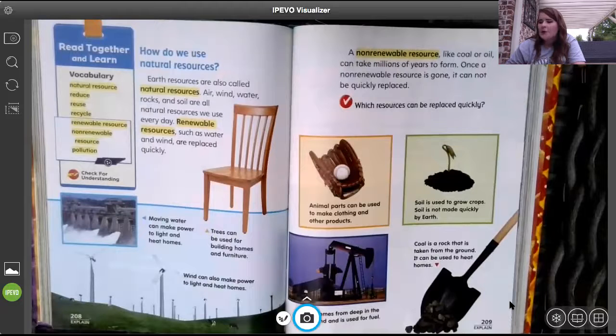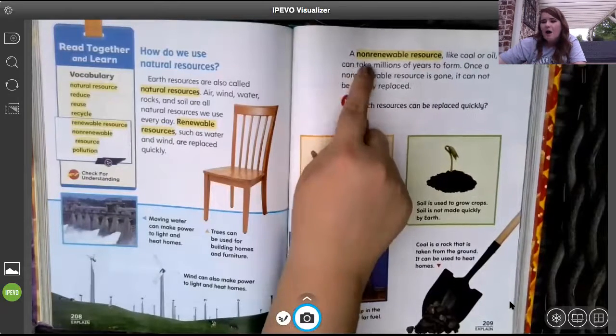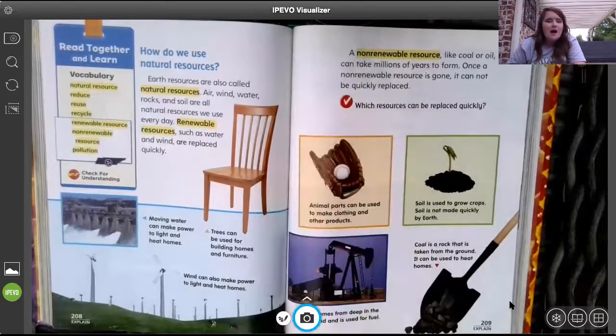Once a non-renewable resource is gone, it cannot be quickly replaced. When we look at renewable resources like water, we can get that back really quick. Maybe not super quick, but a lot quicker than a non-renewable resource. So it's got that non in front of it. It is not easy and it's not quick to be replaced.